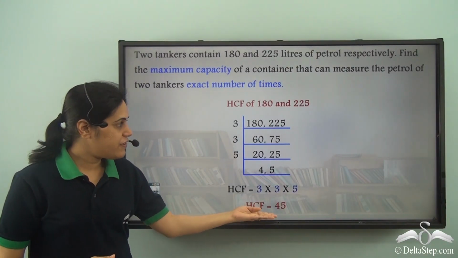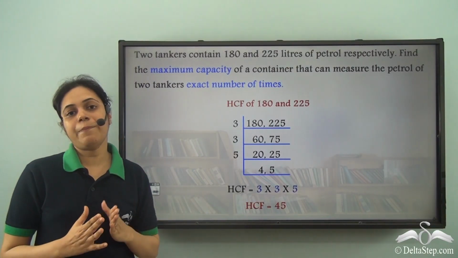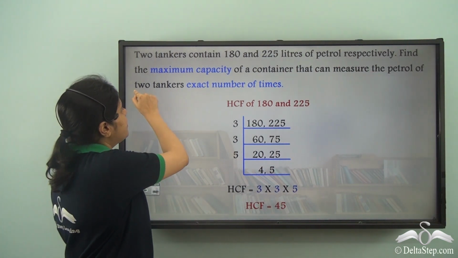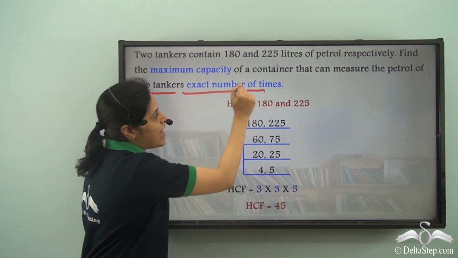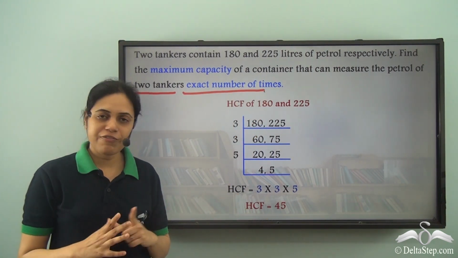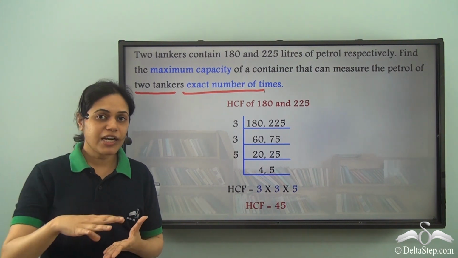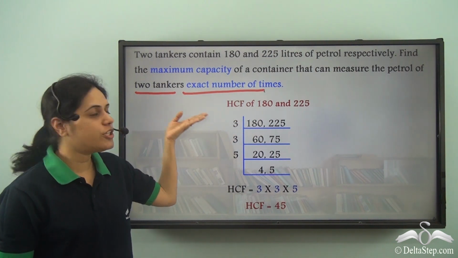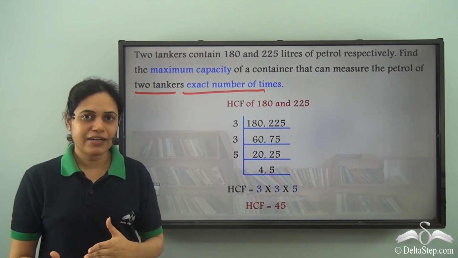So 45 liters is the maximum capacity of the container, which can measure the 2 tankers an exact number of times. So if I take a container of 45 liters and I start pouring the petrol, then it will measure the petrol in the 2 tankers an exact number of times.